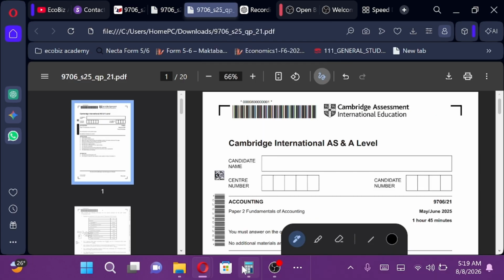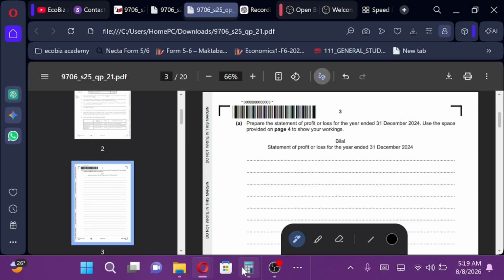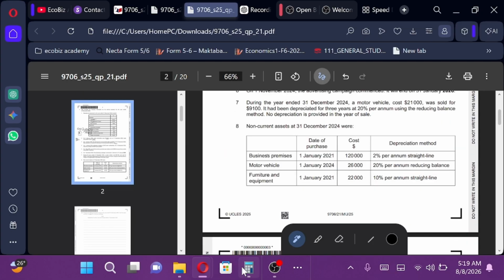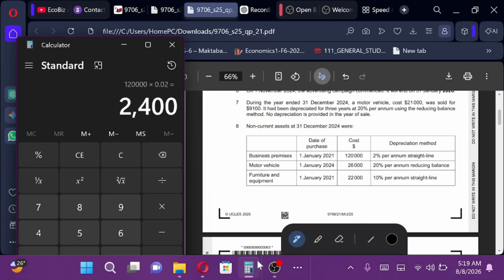We will take this amount of 26,000 multiplied by the percentage, which is 20%. Okay, start again. 26,000 multiplied by 20%. We get 5,200.